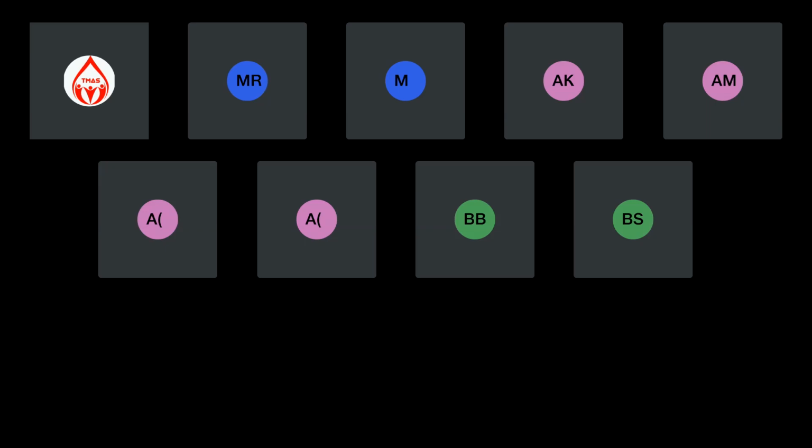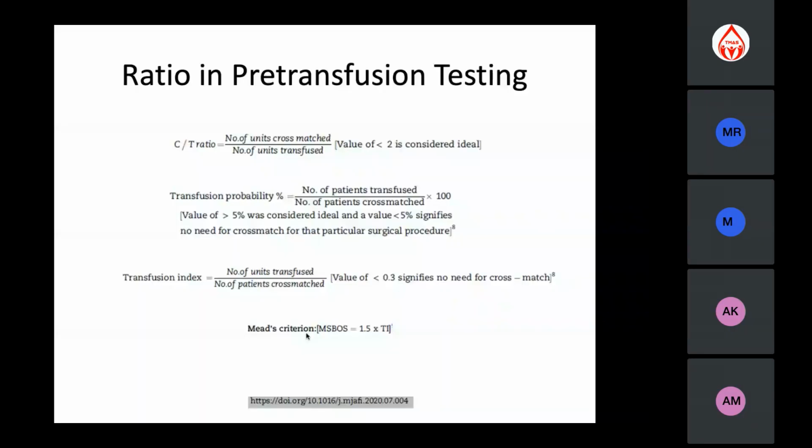Then we also have the MEETS criterion, which is used for estimating the maximum surgical blood ordering schedule, MSBOS. It is 1.5 times the transfusion index for a particular surgical procedure.